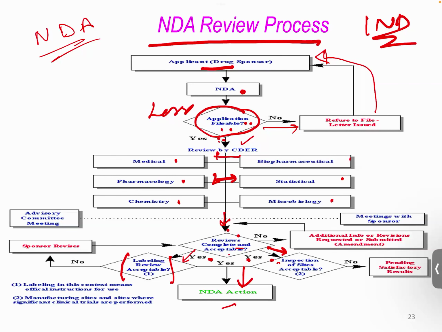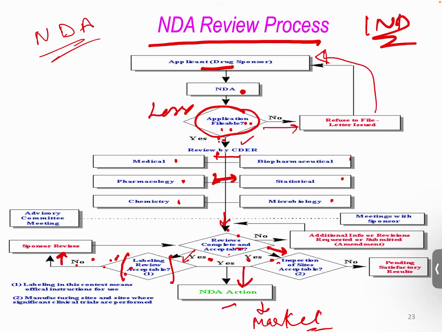Now coming to if things are not that straightforward. So here it is labeling review. If there are deficiencies or the regulatory body is not agreeing with the labeling, they say no. Again, it will go to sponsor review. They will submit again and the cycle will follow.